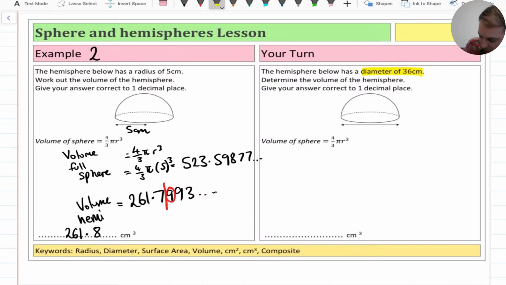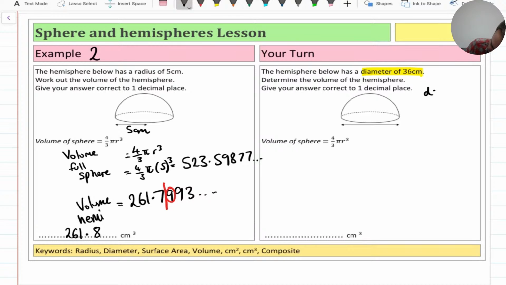It says that the diameter is equal to 36 centimetres this time. Brilliant. Some people have got it already.